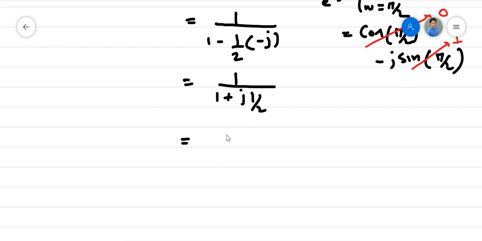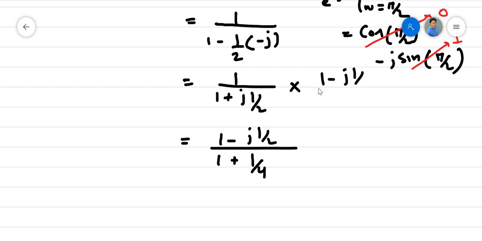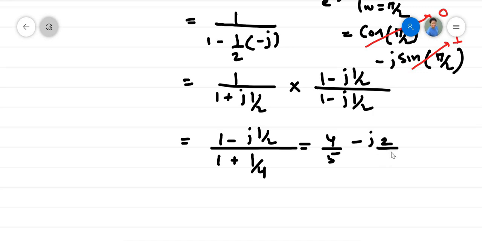Now we want to find the relation in polar form. We multiply with 1 minus j/2 in numerator and denominator, so it is a square minus b square, giving 1 plus 1/4 in the denominator. So this particular term can be written as 4/5 minus j 2/5.